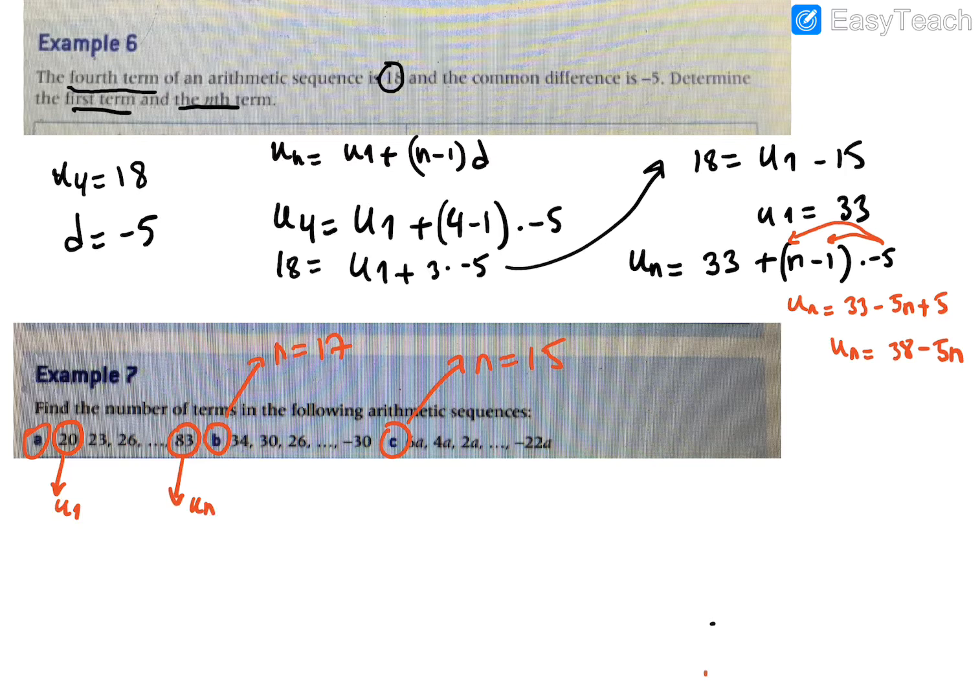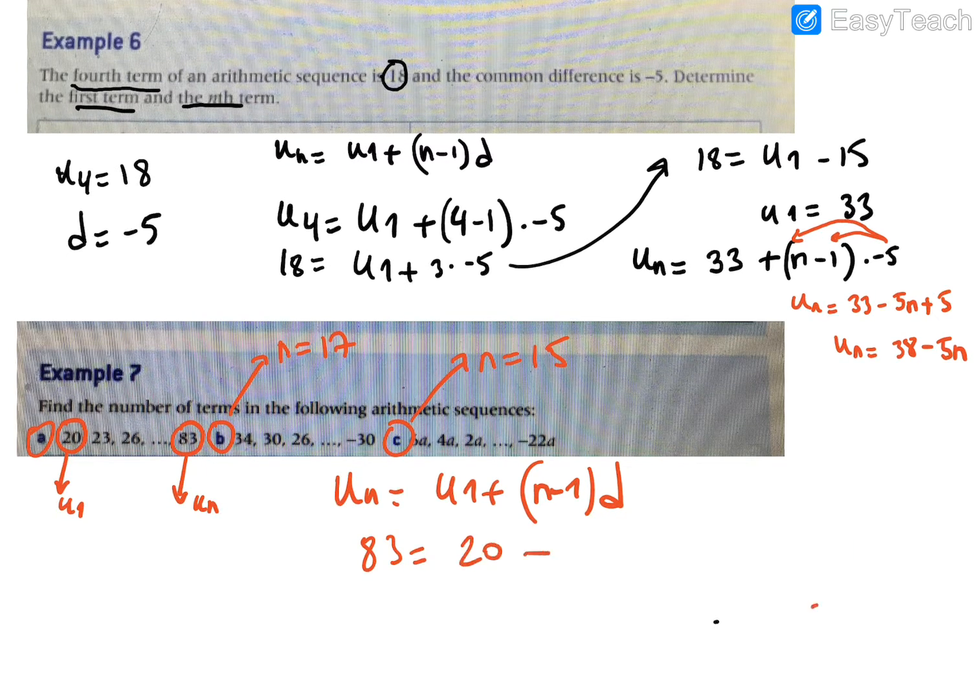Let's put down our formula first: u1 plus n minus 1 times d. So un is given as 83 equal to u1 is 20 plus n minus 1 times d, and I can find d. Remember, u2 minus u1, and that's equal to 23 minus 20, which is 3.